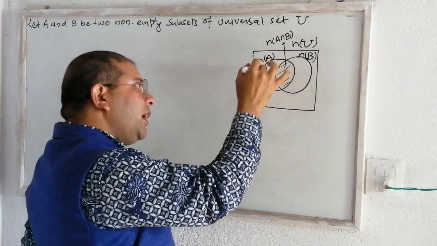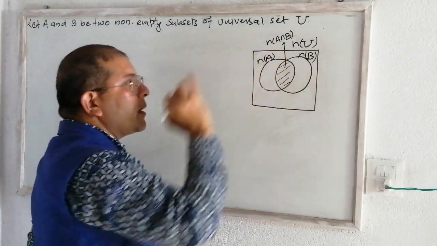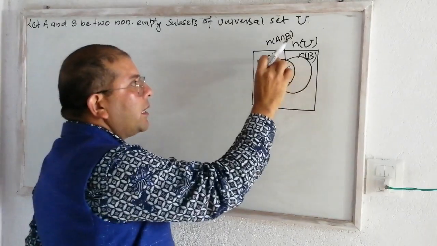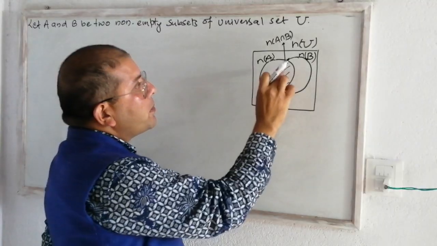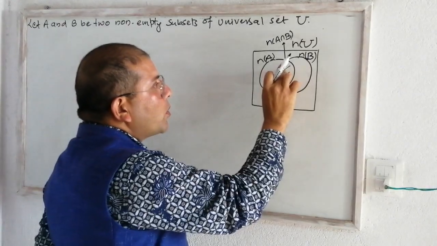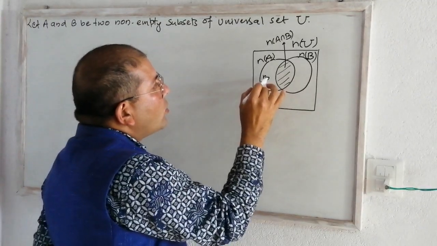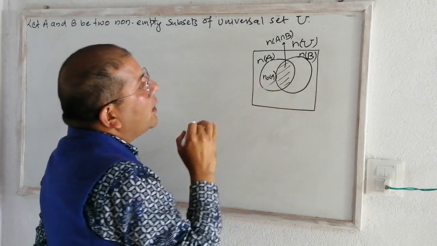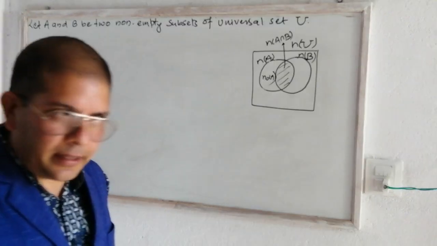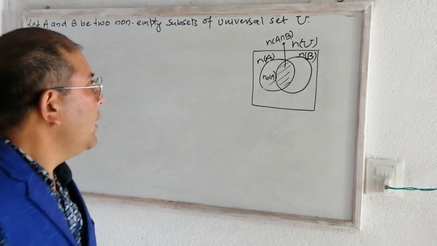And if we take set A, from this set A, if you subtract this intersection portion, we'll get n naught of A. It is only A, only the first set.